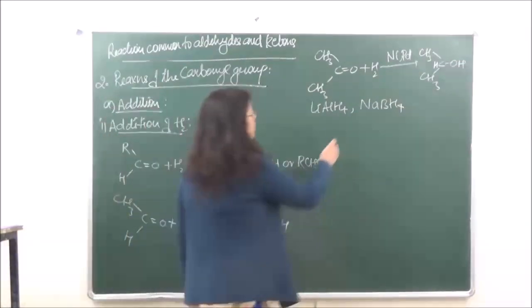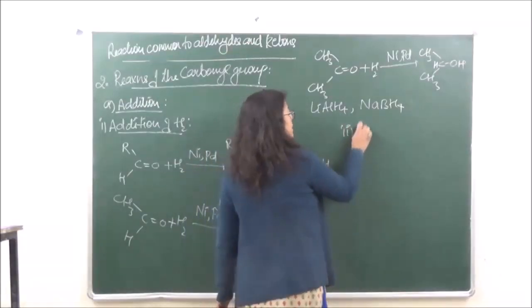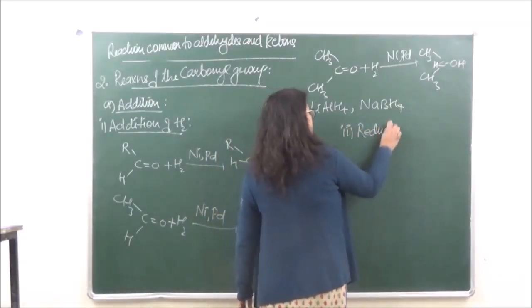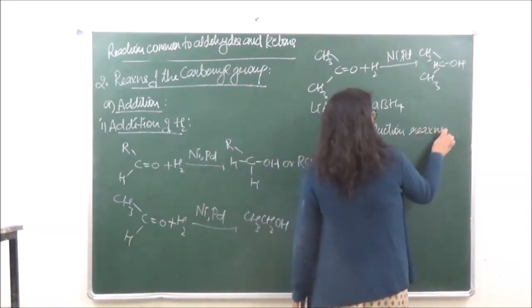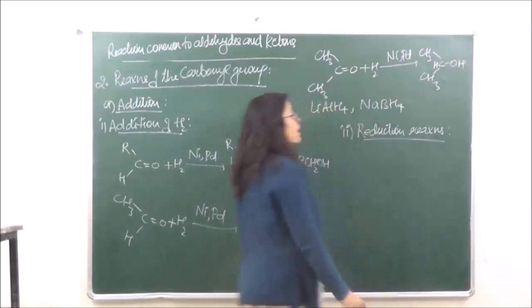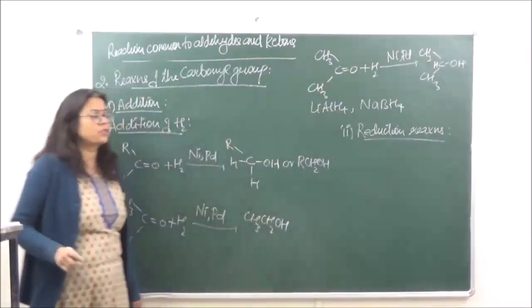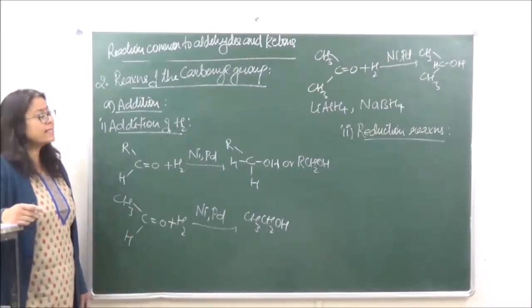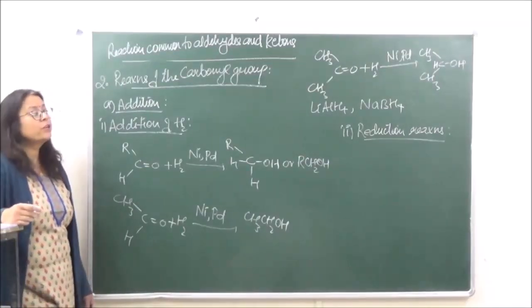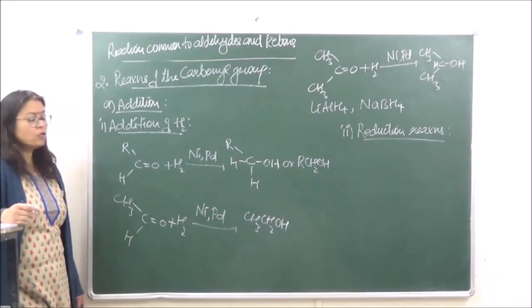So the second type of reactions which we will discuss over here are the reduction reactions. Now reagents which produce nascent hydrogen are going to be used over here. And what are those reagents?